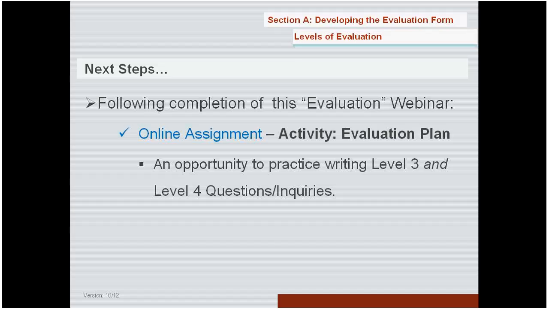Are there any final questions or comments that people have about moving on to level 3 and level 4 evaluation? We think about level 1 and 2. We pretty well do that, know that, accomplish that every time we do a training or attend a training. It's level 3 and level 4 that's new, maybe a little apprehensive about it, but the best way to do it is to what?